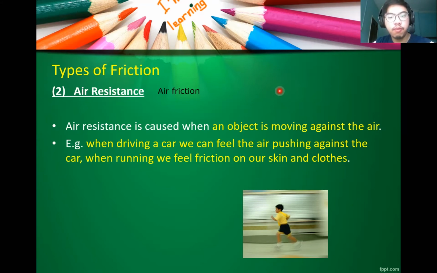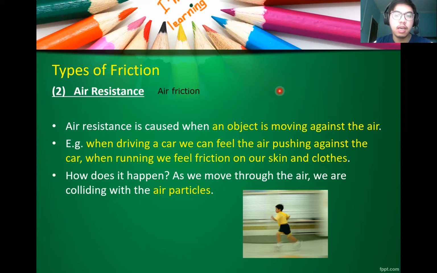When running, we feel friction on our skin and clothes, that is also air resistance. Air resistance is caused by the air. When you move, the air pushes against you, colliding against your body. That is where resistance comes from. It is caused by air particles colliding against your body.